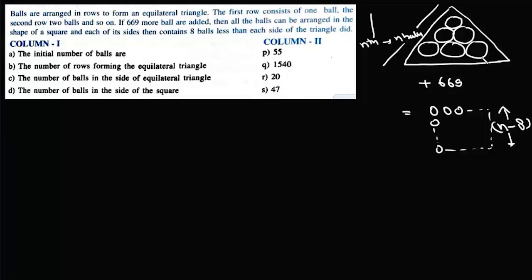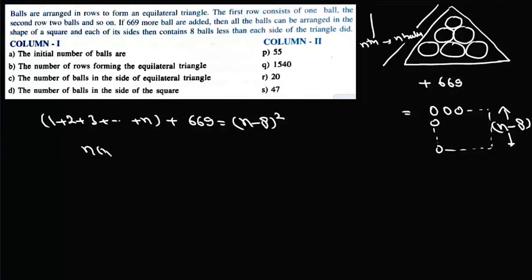Now first we'll count total number of balls in this equilateral triangle. So it will be 1 plus 2 plus 3 up to n, and then we are adding 669 balls, and then number of balls in this square will be simply n minus 8 whole square.